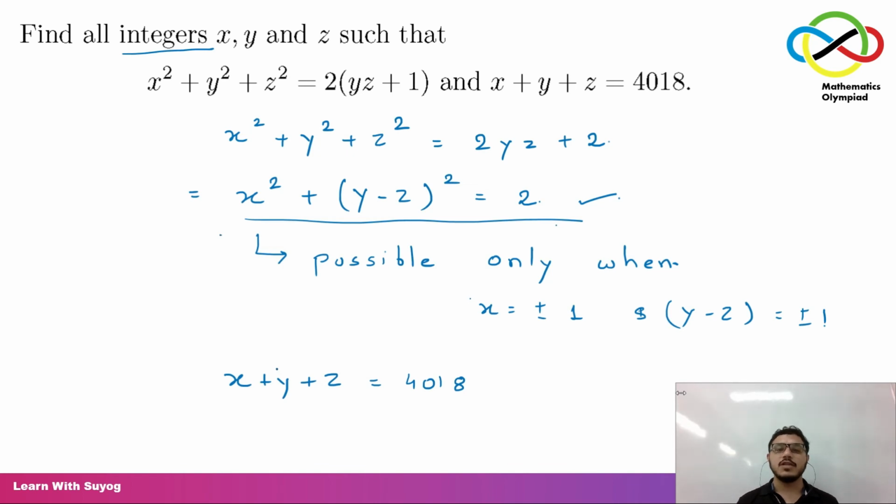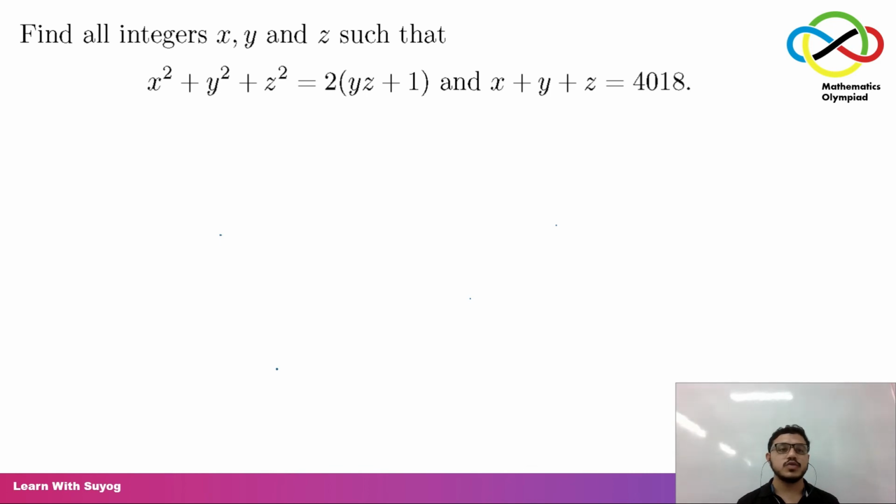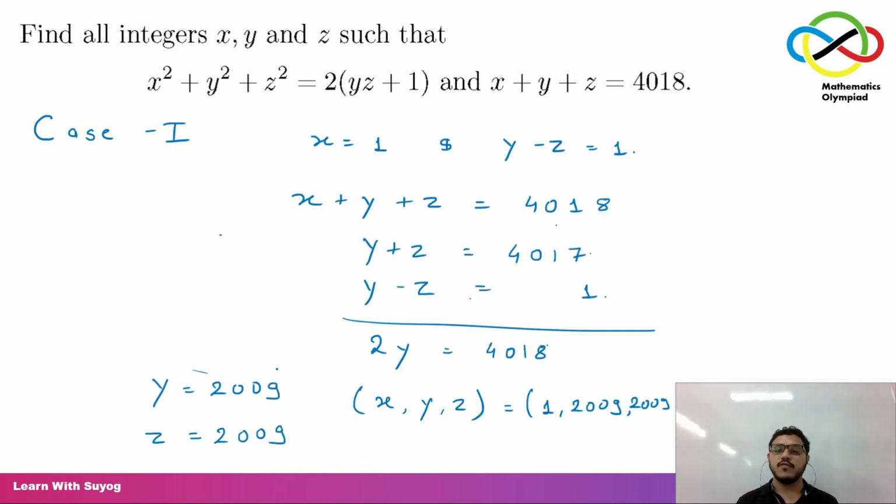When we solved the first equation, we got only two conditions: x square plus y minus z square is equal to 2 is possible only when x is equal to either plus or minus 1 and y minus z is equal to either plus or minus 1. Using these conditions, we solved with the other equation, x plus y plus z, and using the 4 cases, we got 4 different results.